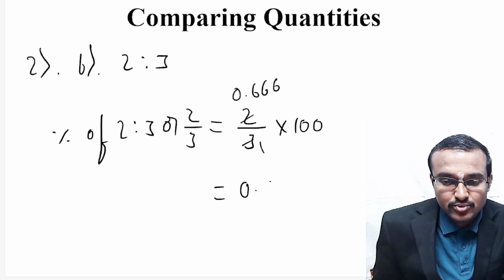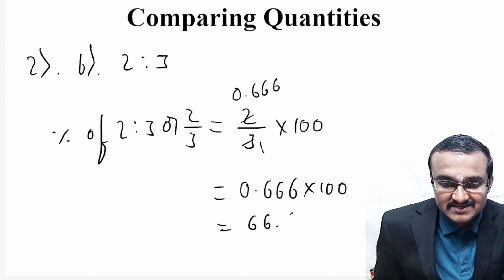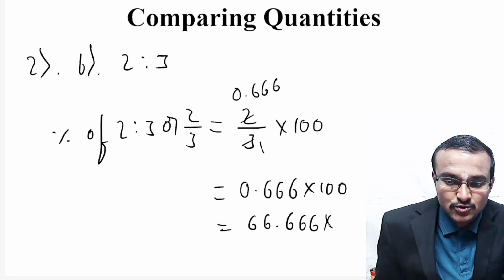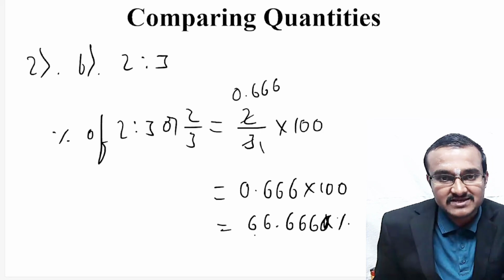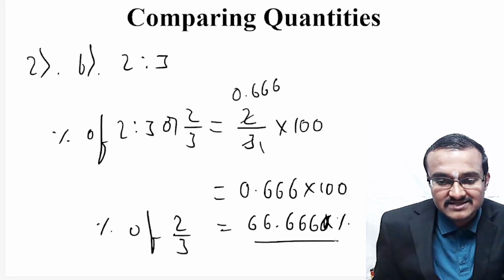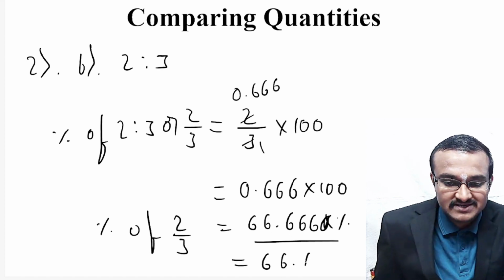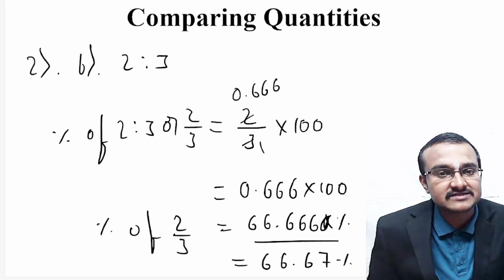So 0.666 into 100 is 66.666, which just goes on like this. So the percentage of 2 by 3 is 66.666 percent. If you round this off, it becomes 66.67 percent.